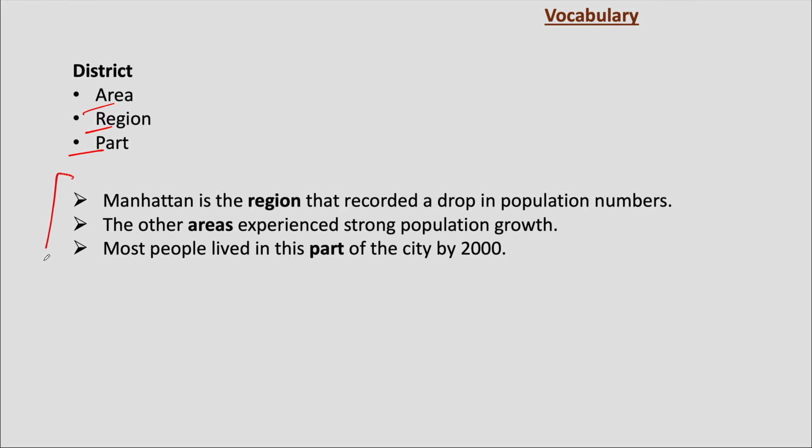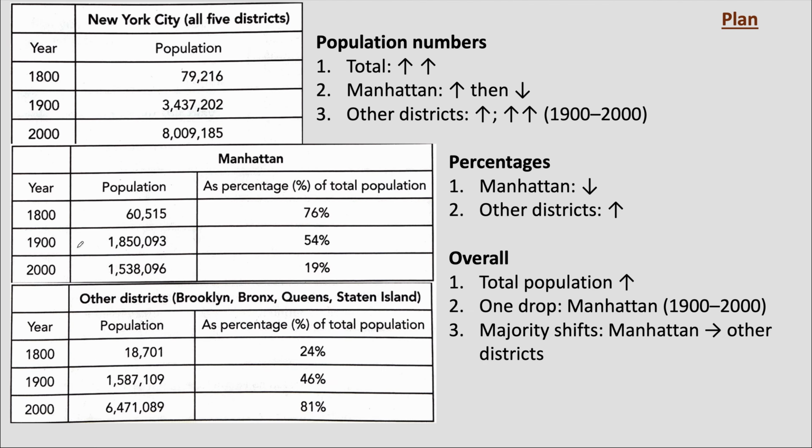A few example sentences are on your screen. Now we start writing. We already have a clear plan and we have discussed vocabulary and sentence structures. But remember one important thing: you do not need to memorize a lot of synonyms and sentence structures.